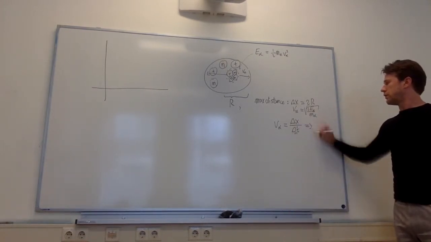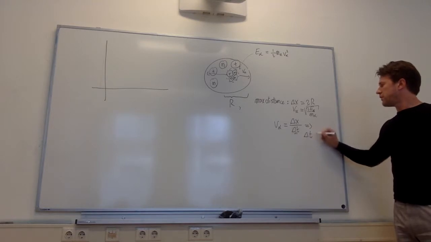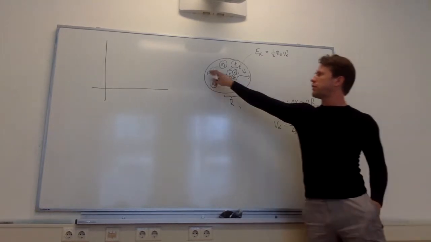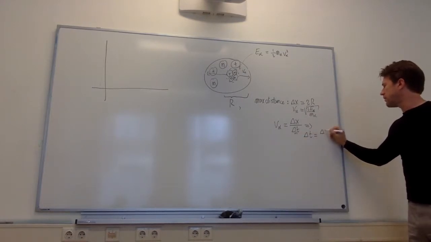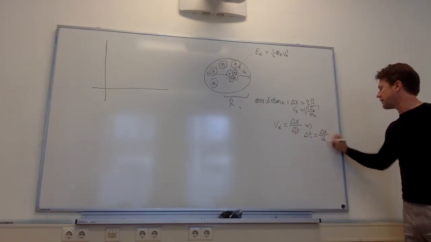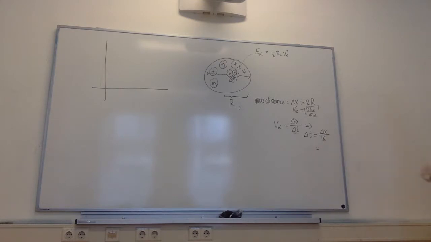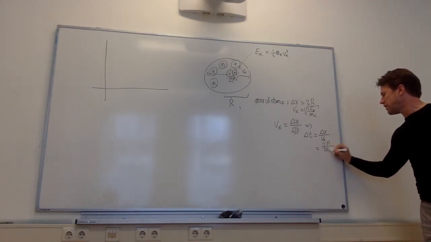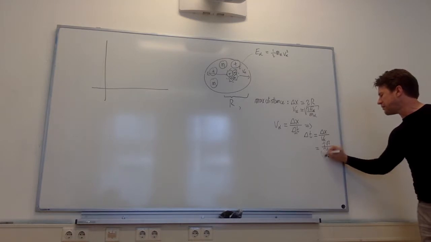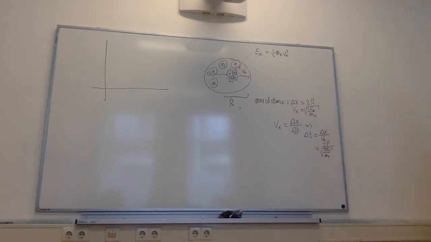In other words, the amount of time that it takes the alpha particle to go from here all the way to over there is just delta x divided by its velocity, and delta x is 2r, and its velocity is the square root of 2E alpha divided by its mass. So we now know, again very classical, how many seconds it takes for the thing to move from one side to the other.